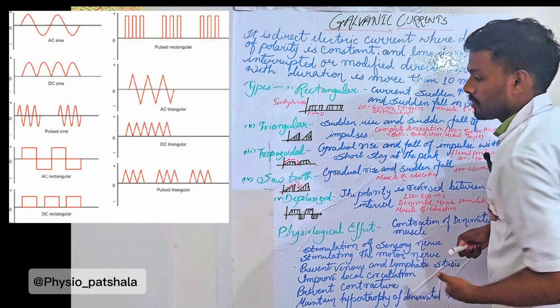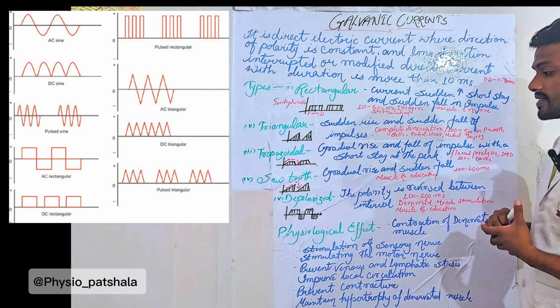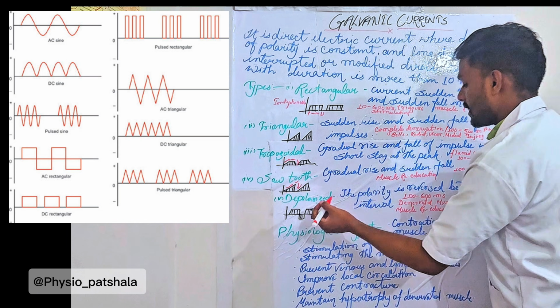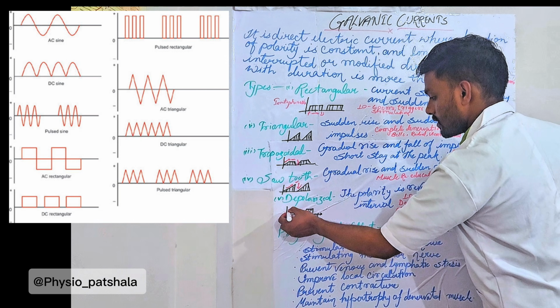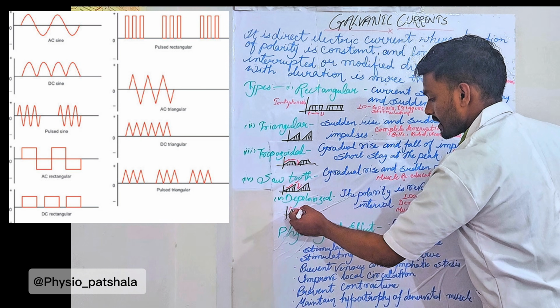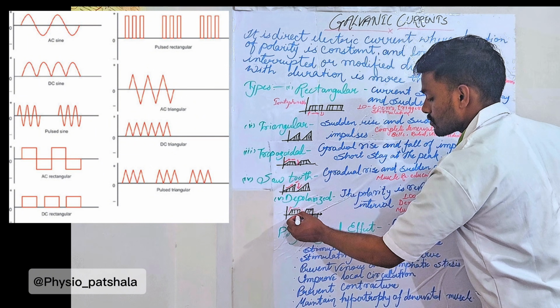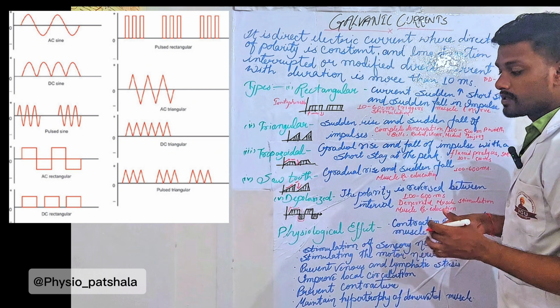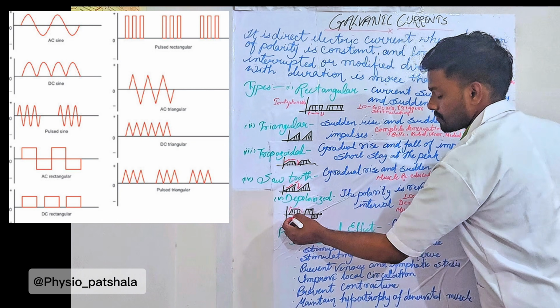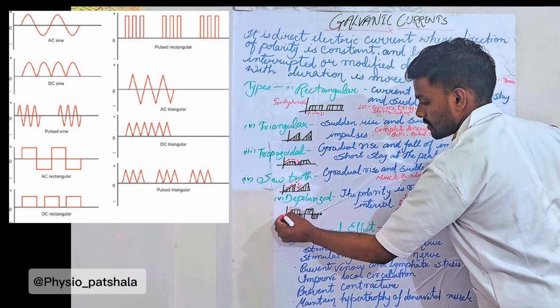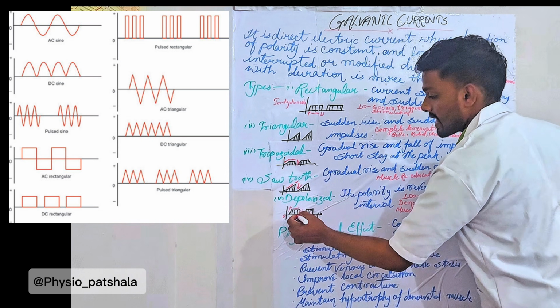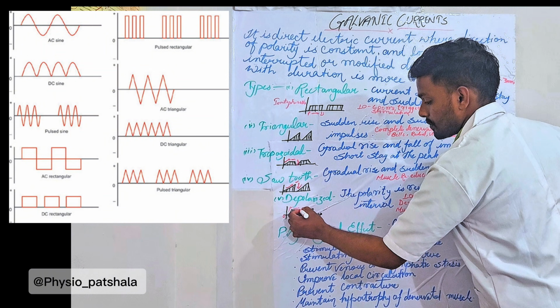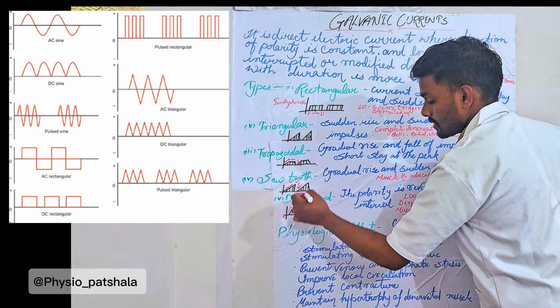Next, and last, is the depolarized kind of galvanic current, where the polarity reverses into the positive direction, stays for some time, and decreases, and sometimes there are zero impulses. It takes time in the negative direction because there is a zero intensity pulse, and after that the impulse decreases or goes to negative.